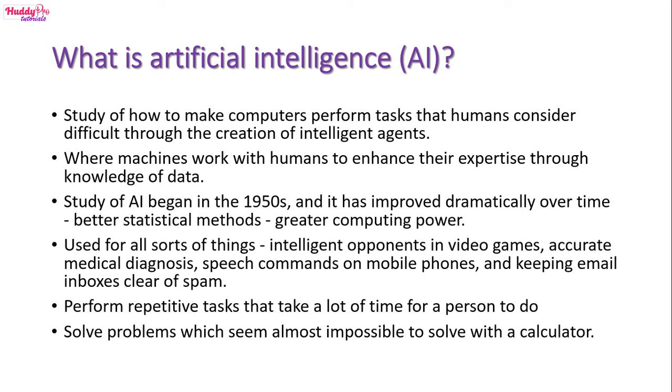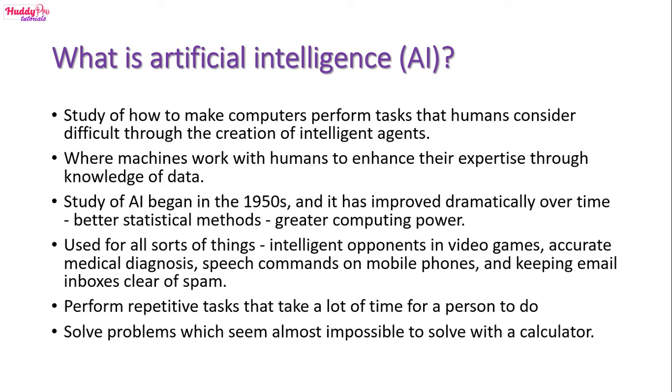The people who use AI often want it to perform repetitive tasks that take a lot of time for a person to do, or to solve problems which seem almost impossible to solve with a calculator. So that's AI in brief.